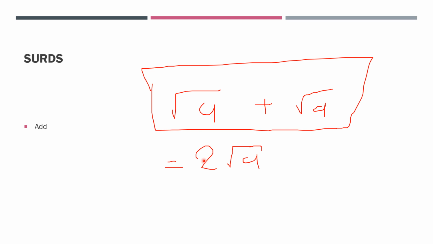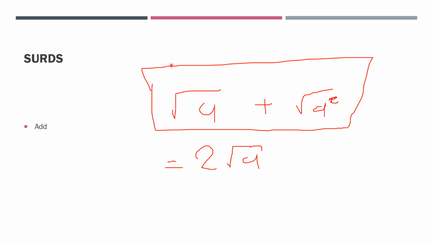But be aware, if one of the roots has a different coefficient, making it an unlike term, you can't add these terms, because the coefficients are not the same. Also, if what is inside the root is not the same, let's say this is a squared here, you cannot add the square root of a with the square root of a squared, because they are not the same root.